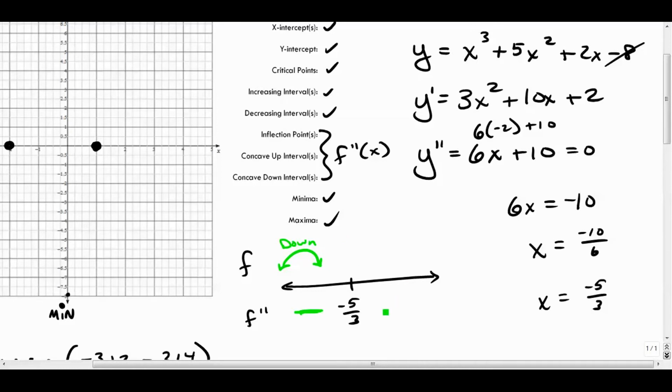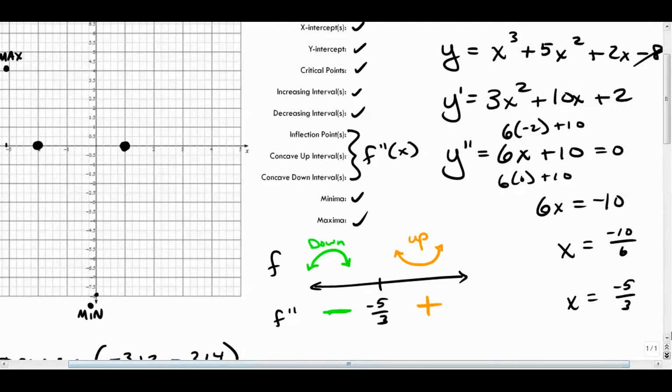Concave down. Check a number over here bigger than negative 5 over 3. Let's check 0. 6 times 0 plus 10 is positive. Cool. Positive means concave up. When the concavity changes from down to up, that is called, of course, an inflection point. Inflection point is where it changes from down to up.